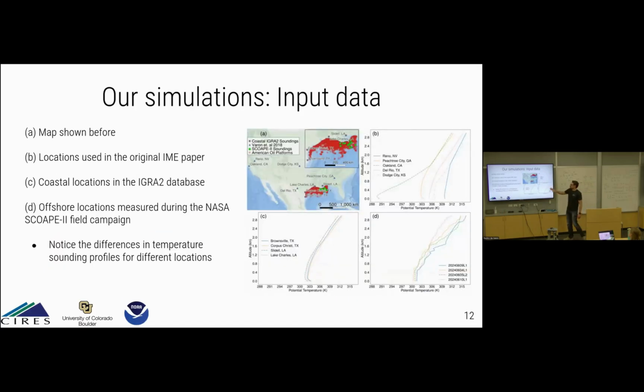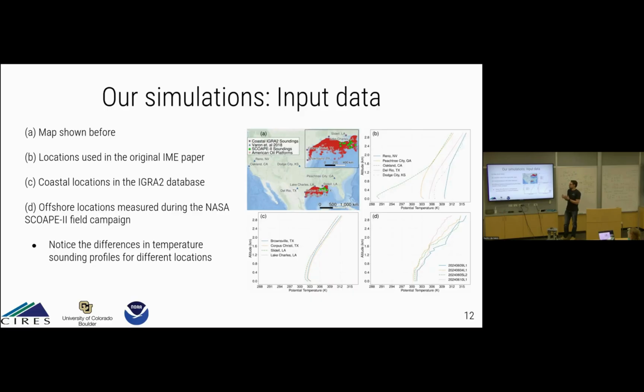So this is the map that I showed you guys before. B are the input potential temperature profiles that were used to generate the turbulence in the original paper. And in C, you can see those coastal sounding profiles from those coastal cities. And here are the offshore sounding profiles, some of them from the SCOPE 2 field campaign.